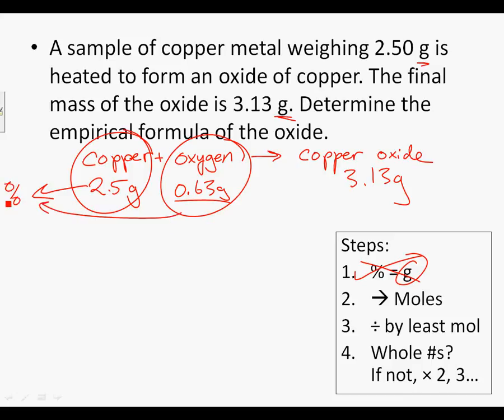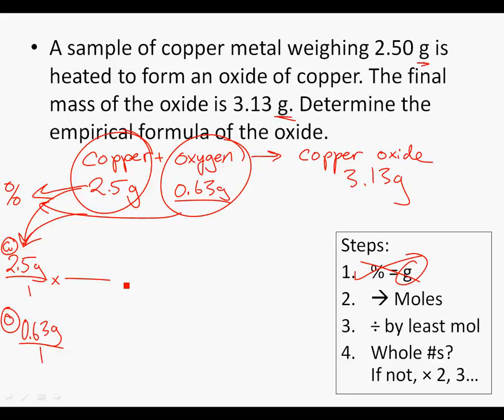You could do that. That would be an interesting problem to do. But instead, you can just use those grams as is. You can start the math for copper with 2.5 grams of copper over 1. You can start the math of oxygen with 0.63 grams over 1. So step 2, by the way, we're already in grams, no need to convert to grams.